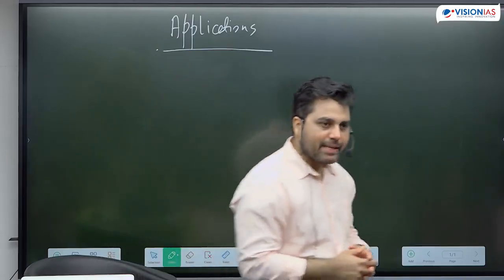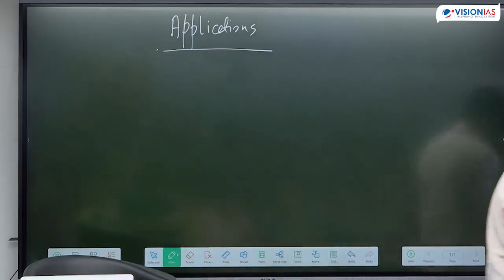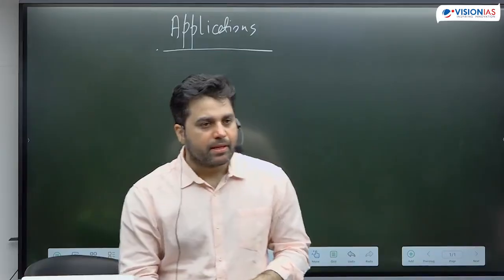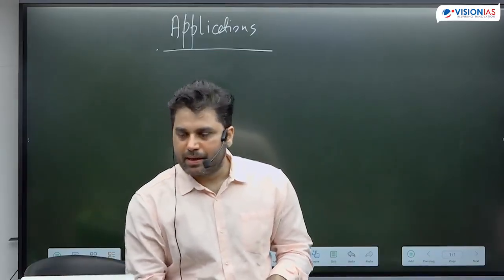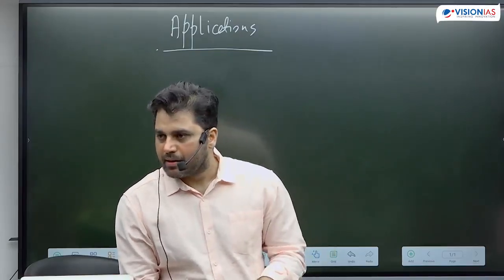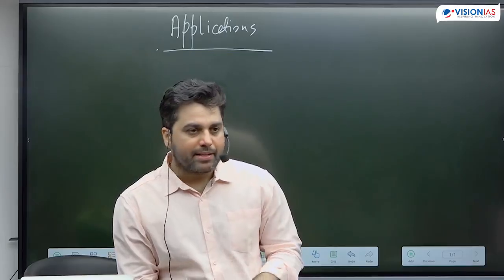Third, in cosmetics, give this heading, in cosmetics. I'll give you two examples of cosmetics. The first is sunscreen lotion. Sunscreen lotions have been using nanoparticles of titanium dioxide and zinc oxide.